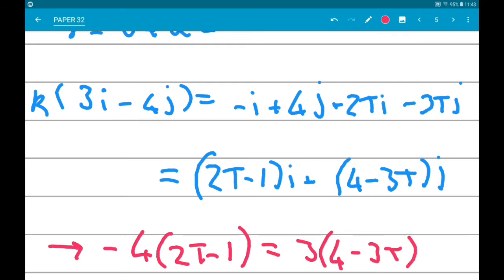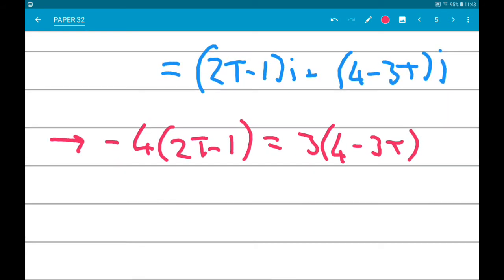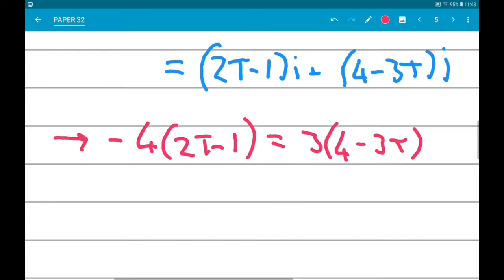Alright, now if we expand, we're going to get minus 8t add 4 is equal to 12 minus 9t.